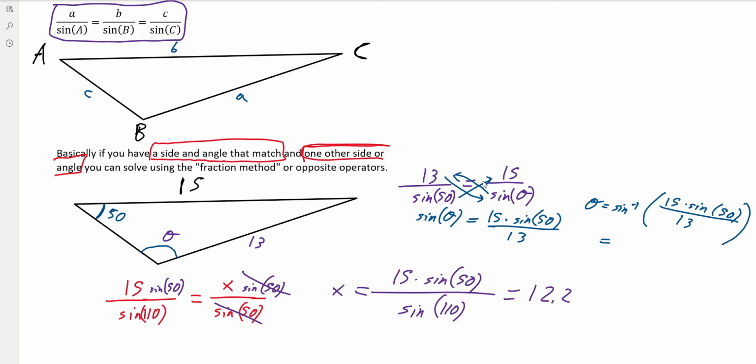So I'm going to plug all of that into my calculator. Inverse sine of the fraction 15 times sine 50 over 13, and that gives me 62.1 degrees. There's a bunch of decimals after in both cases, but we're leaving it there.